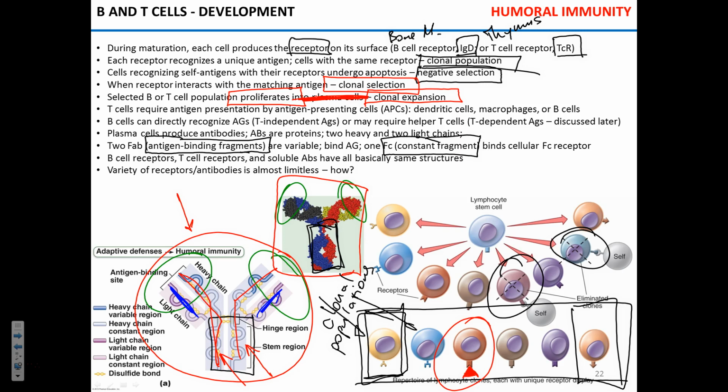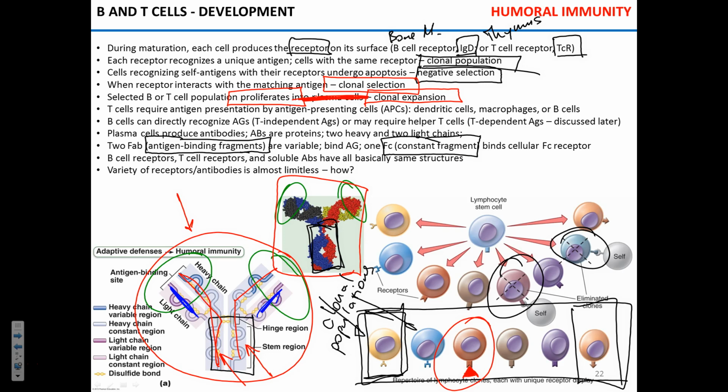So you've got to have, roughly, say, a billion different proteins, different antibodies that will recognize a billion unique antigens. And each antibody is a protein, and each protein is encoded by a gene. So a billion genes in the human genome.